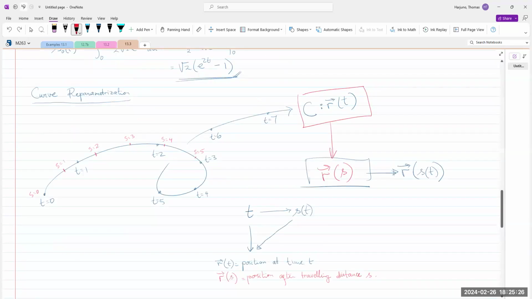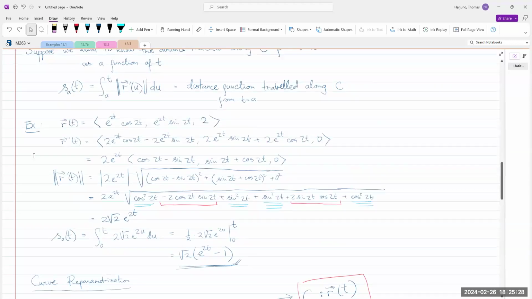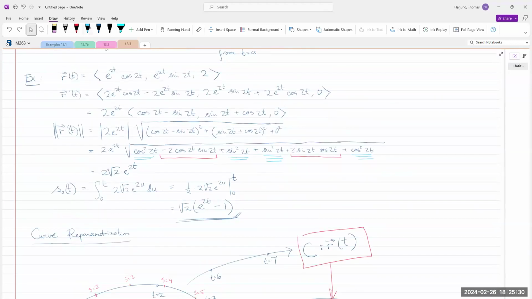Let me write it as a comment somewhere here. Notice that, maybe I use red color. Notice the longer we travel, the further we travel.